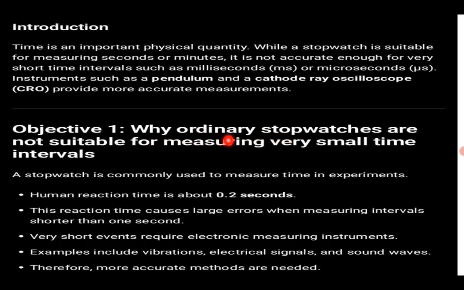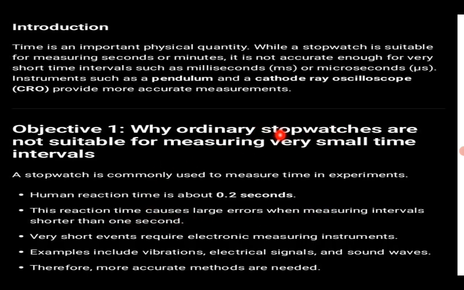So we're saying ordinary stopwatches are not suitable for measuring very small time intervals. For many experiments in physics, a stopwatch could be enough to measure time. But considering that the human reaction time is about 0.2 seconds, this reaction time causes large errors when measuring intervals shorter than 1 second.